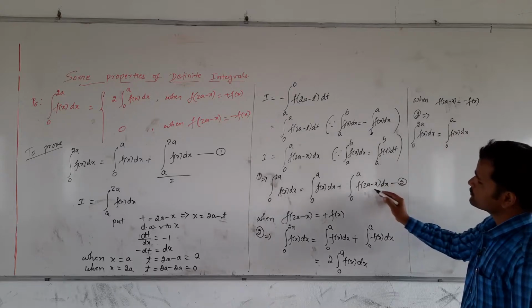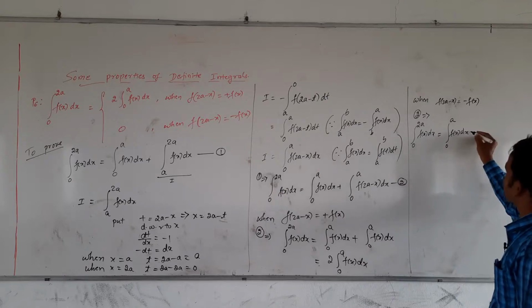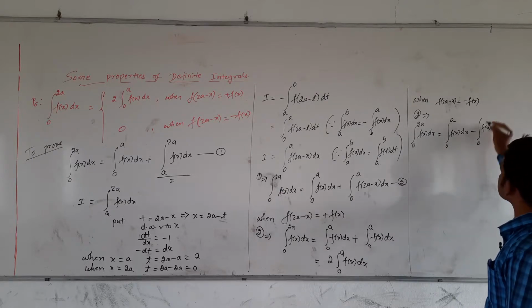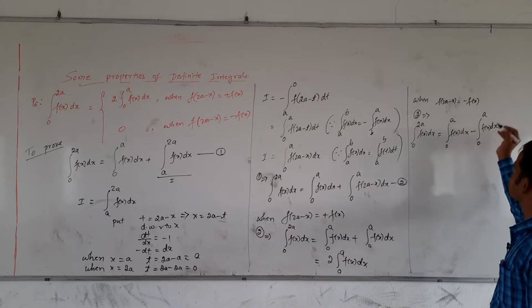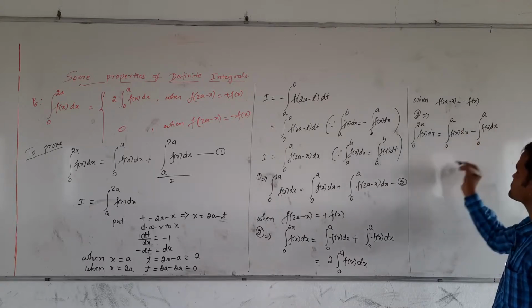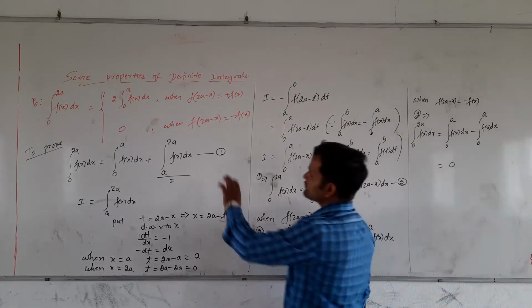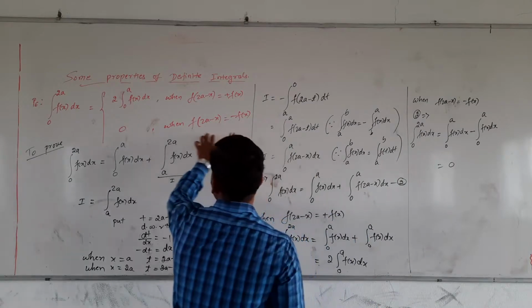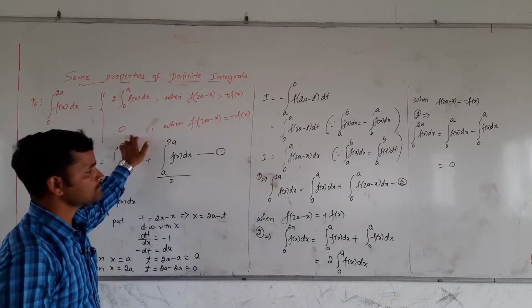Since f of 2a minus x is minus f of x, minus into plus becomes minus of f of x with respect to x from 0 to a. See, 0 to a f of x dx, 0 to a f of x dx. This is plus, this is minus. So, answer 0. That is, when we have f of 2a minus x equal to minus f of x, we are getting the case as required.